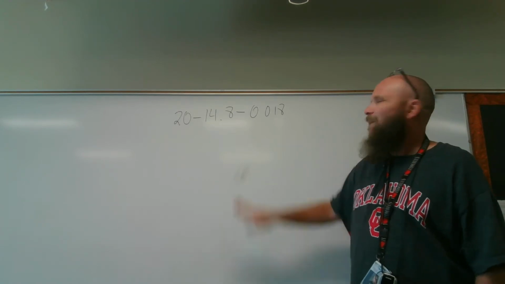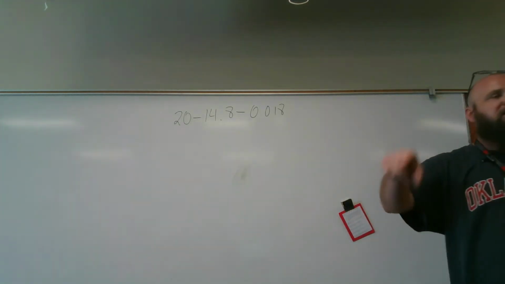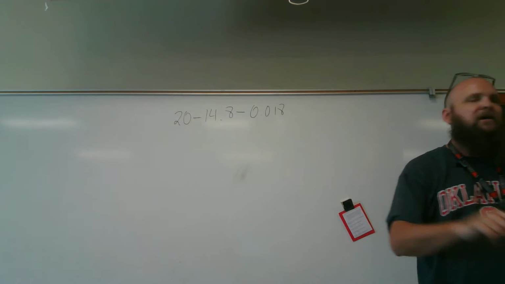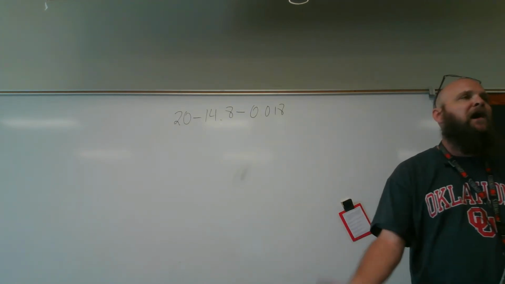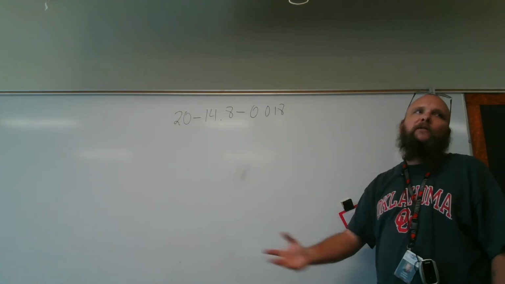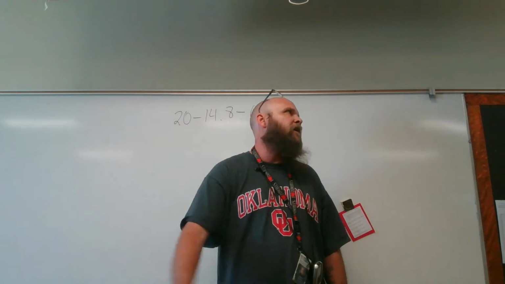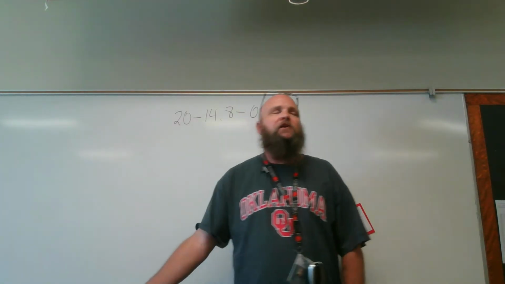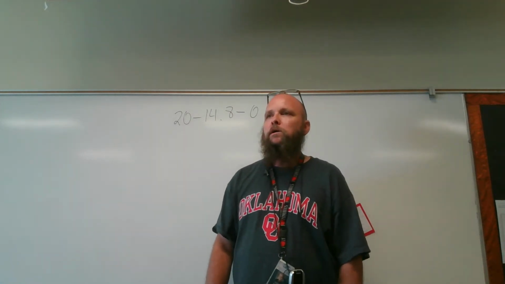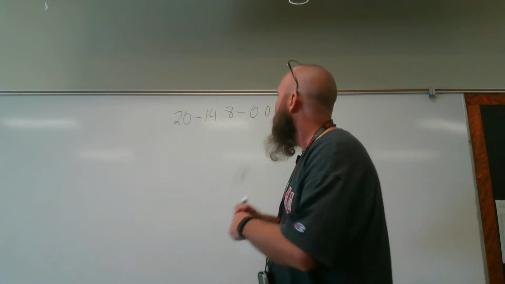Five. Good. And this is so small, I'm not even going to worry about that on my estimate. But that means my answer, when I do the subtraction, must be around 5. Your answer needs to be somewhere in the neighborhood of 5. If your answer's not in the neighborhood of 5, you've made a tragic mistake, and you'll regret it forever. I'm just kidding. You won't regret it forever, but you know.